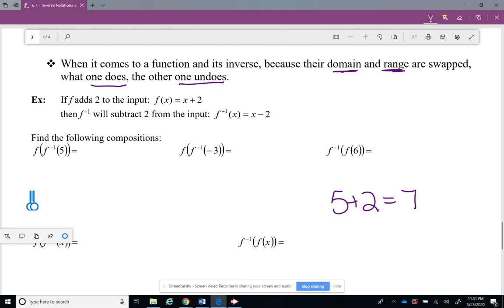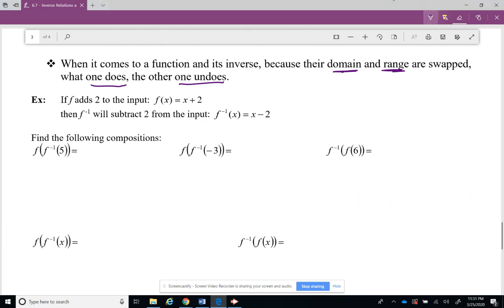All right, well, let's subtract 2 from 7. You end up with what you started with. So that's why one undoes the other. Kind of like if you're solving 3x equals 6. If I divide both sides by 3, I'm undoing what was being done. They were multiplying 3 times x, and now I'm dividing. So it's kind of the same concept, but a little bit different.